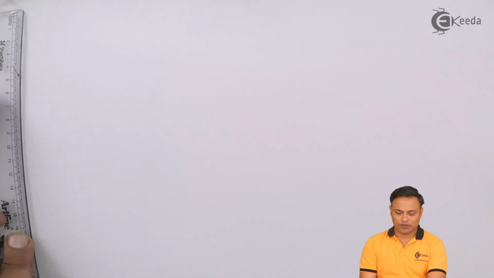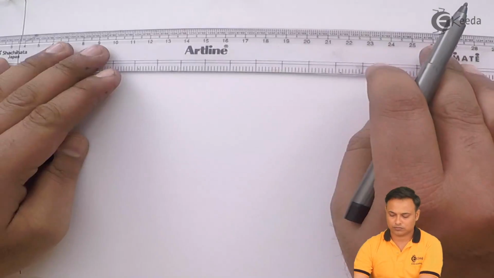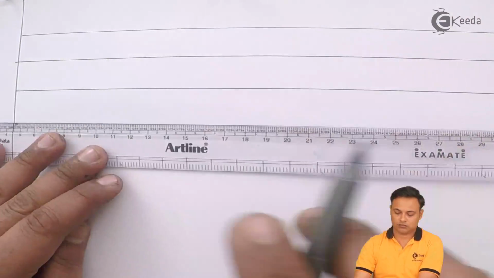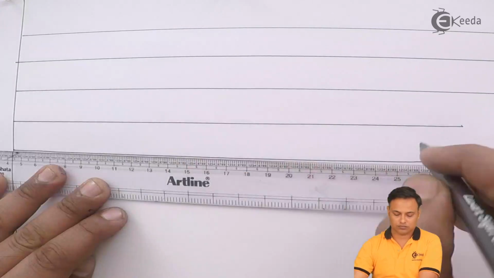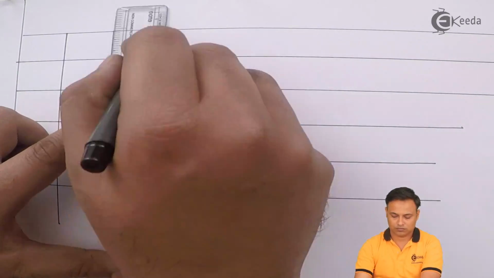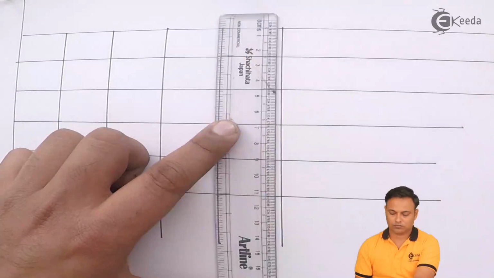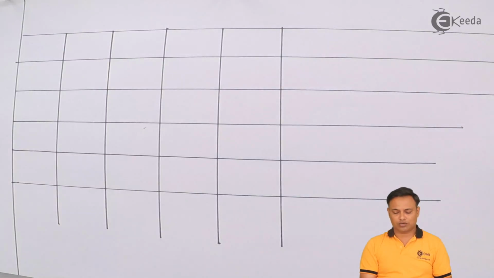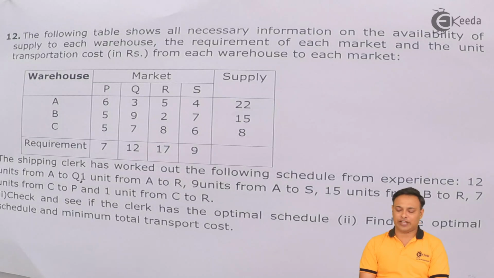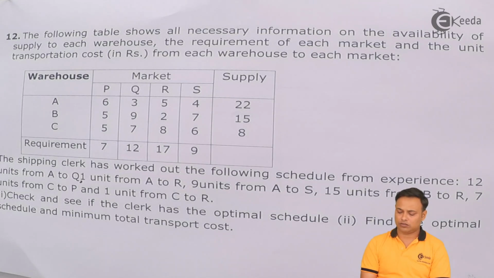I'll draw the lines first. So we'll just note down the problem. Before noting it down, let's check whether the problem is balanced or not.